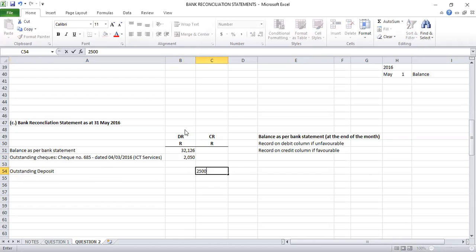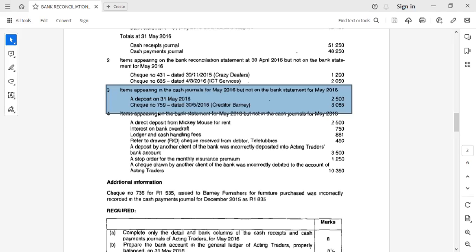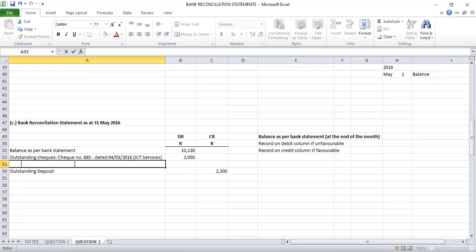Right. Then there was also check 759. In outstanding checks, you just have to check the date again. It's 30 May. That means it's still valid. So that's an outstanding check. We record it with the other outstanding check that we already recorded. So this is also an outstanding check. So any checks that we have recorded but not yet recorded by the bank are outstanding checks.